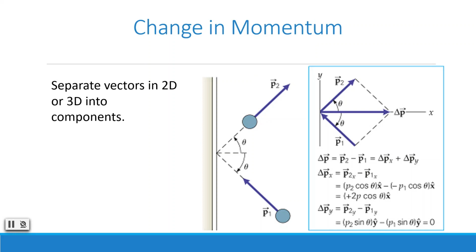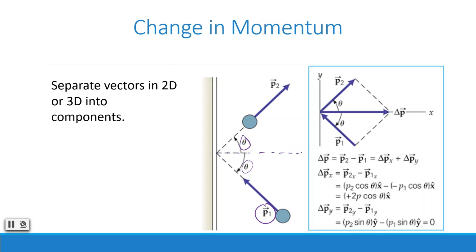For example, in this problem, we have a momentum coming in at an angle of theta. You're going to have this collision, and they're giving us the perpendicular to compare, and you're going to assume that it rebounds with the exact same angle, but in the opposite direction.